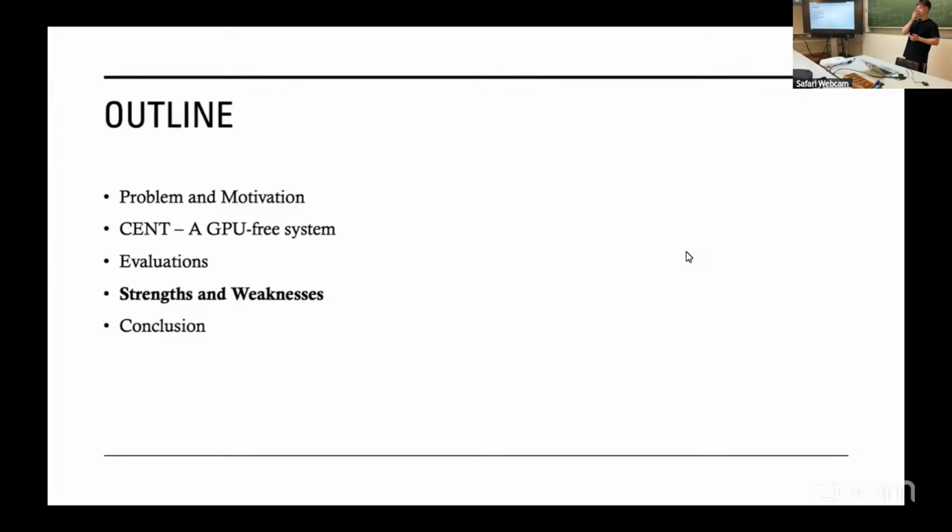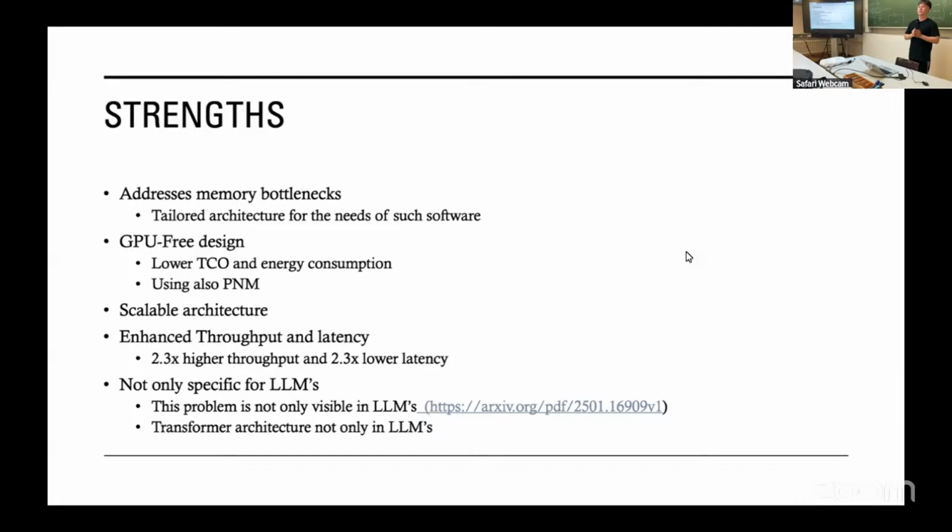Okay, let's have a look at the strengths and weaknesses of the paper. The paper really addresses the memory bottlenecks of LLMs, and it's really tailored to an architecture for the needs of such software. We have a GPU-free design, and hence, as I also said, we have lower TCO because GPUs are quite expensive.